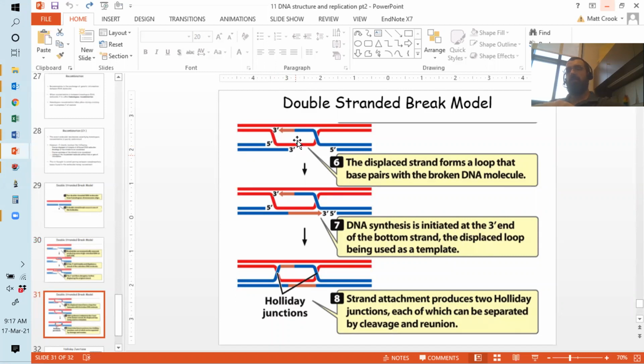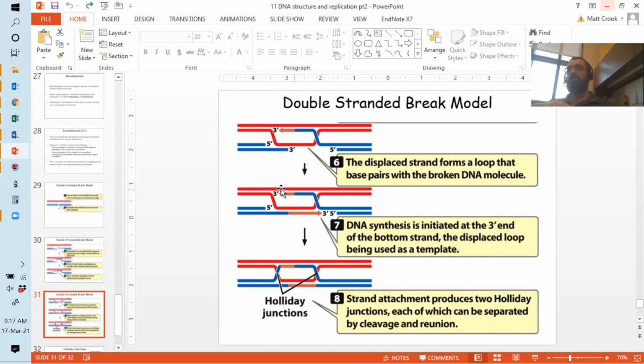And so now we have another free 3' end. DNA synthesis is going to continue here, right, which is what you see down here, right? So now we've got it going in both directions, right? So we're using essentially both strands of this unbroken chromosome as templates for DNA synthesis, right?